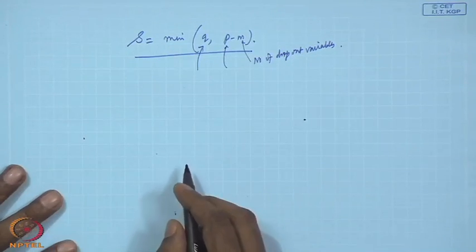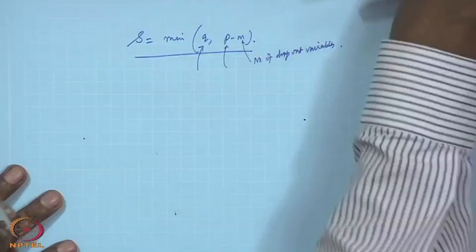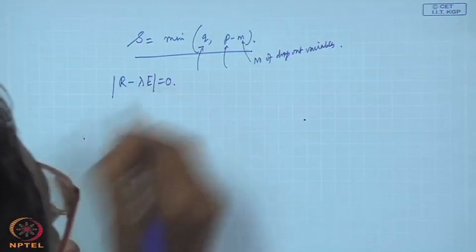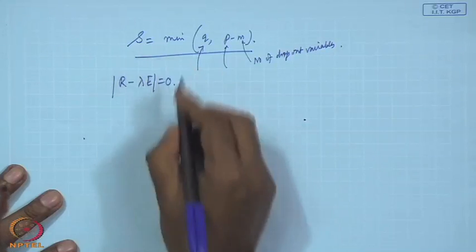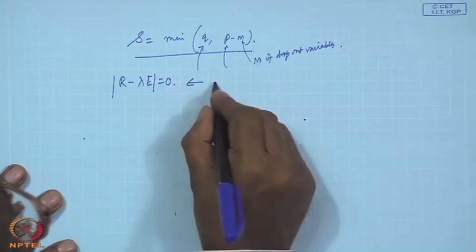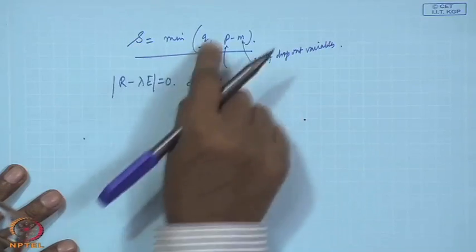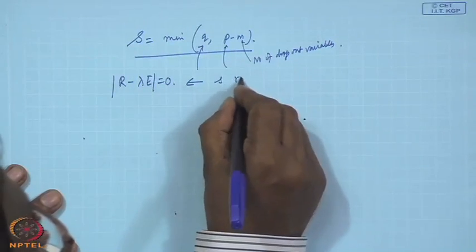Okay. So once you solve this equation, R minus lambda E equal to 0, there will be S roots.